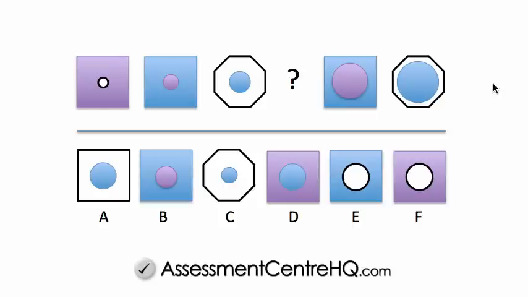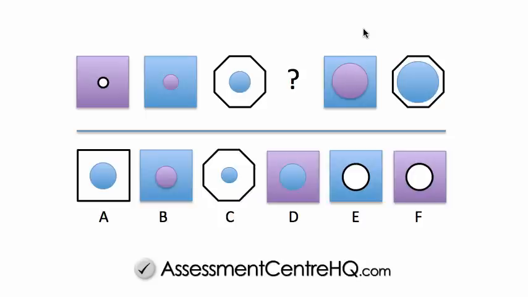So what we need to do is look at the options on the bottom row and say which of these 6 options sits in here. Okay, let's run through it really quickly. We need it to be a circle that is bigger than this but smaller than this.